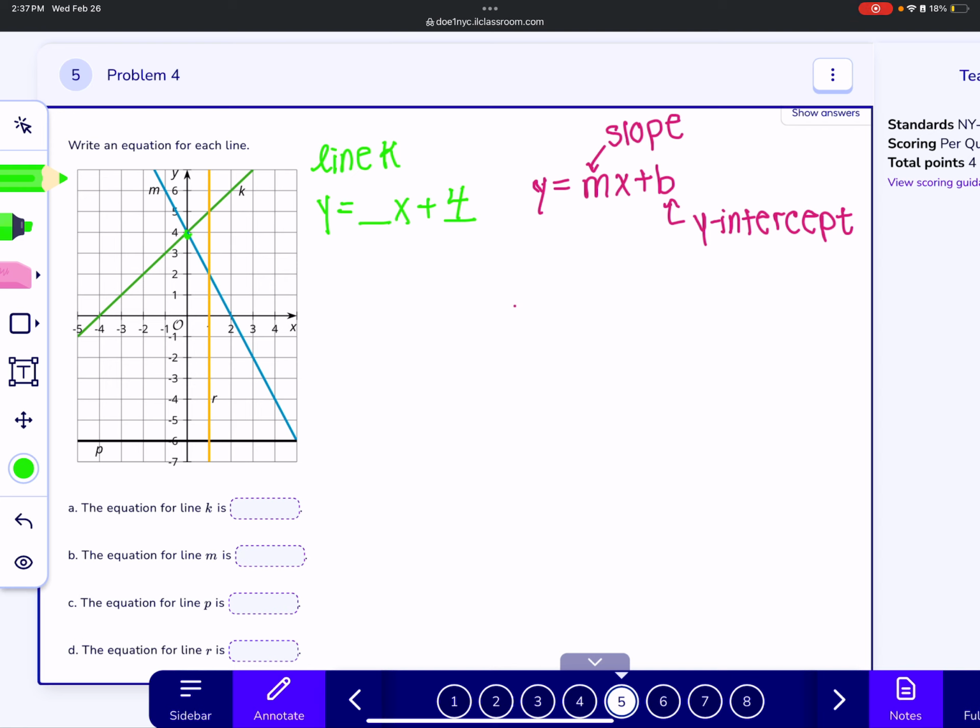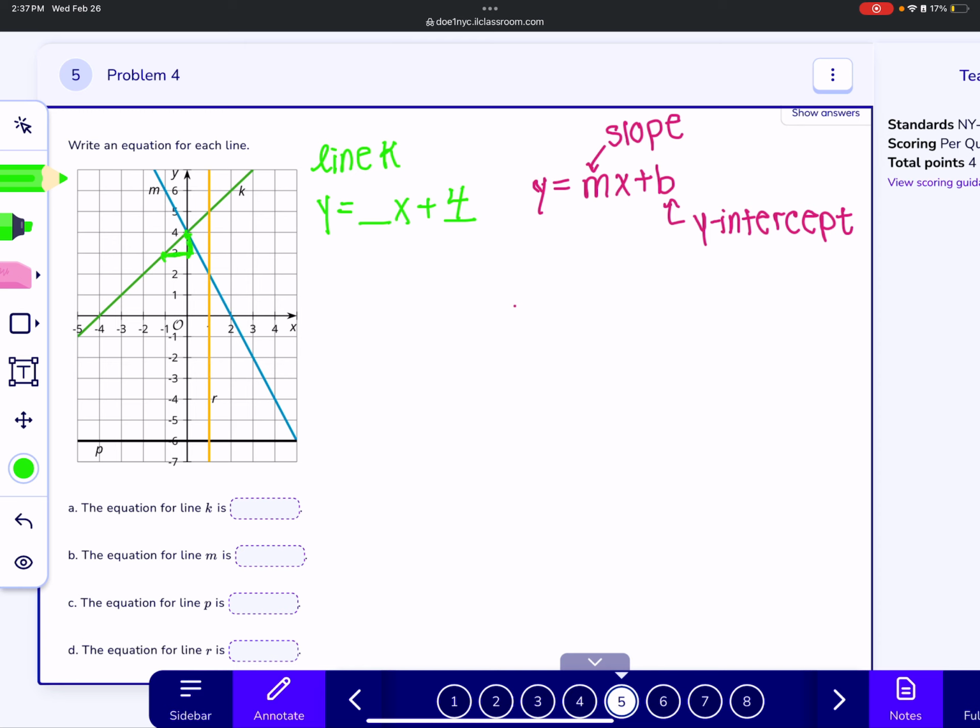And to find the slope, I'm going to pick 2 points on this line that meet at the corner of the square grid. So what I mean by that is I can draw a point right here, for example, and I can count the rise and the run.